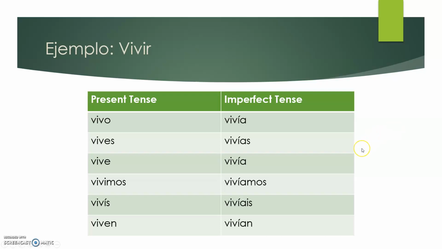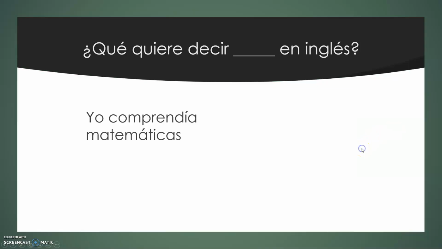Let's see some examples of this in use. ¿Qué quiere decir? Yo comprendía matemáticas en inglés. That means I used to understand math, but now it's difficult. Yo comprendía matemáticas.